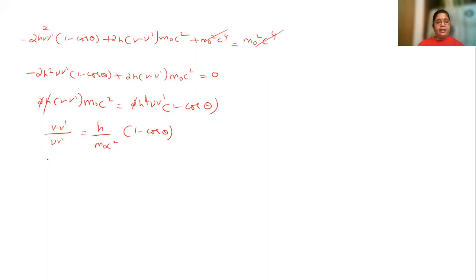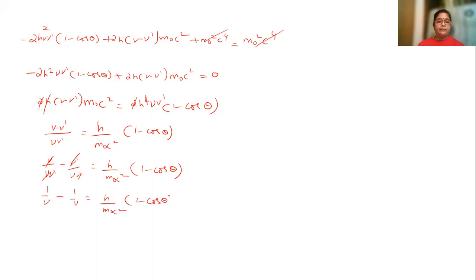Again, I rewrite this as nu by nu dash minus nu dash by nu dash is equal to h by m naught c square into (1 minus cos theta). So nu will get cancelled, nu dash will get cancelled. I have 1 by nu dash minus 1 by nu is equal to h by m naught c square into (1 minus cos theta).